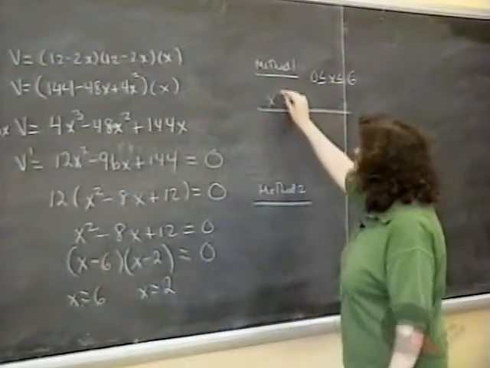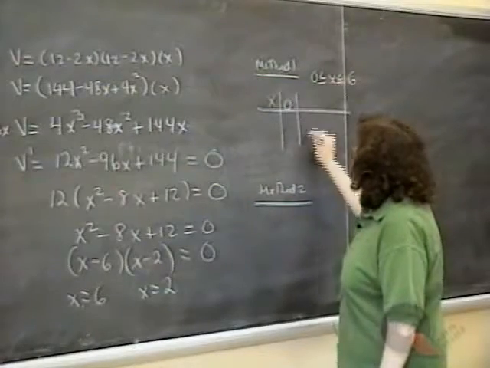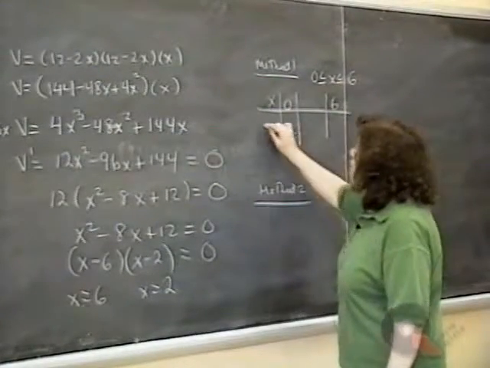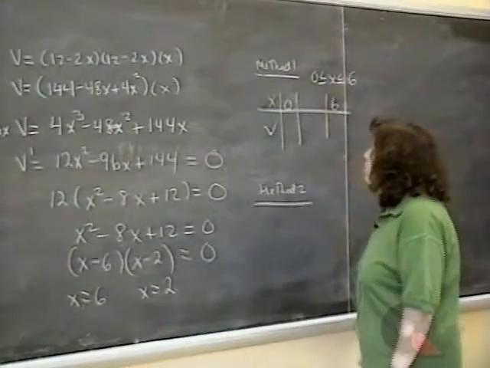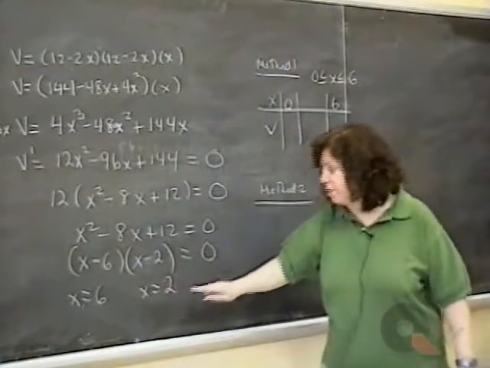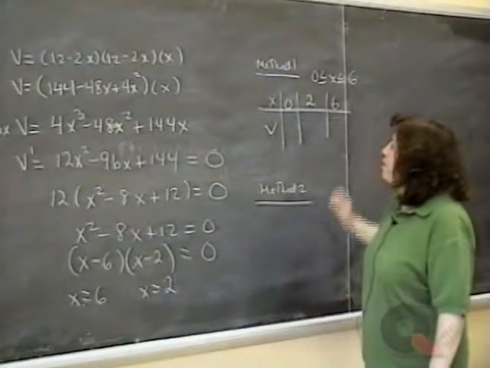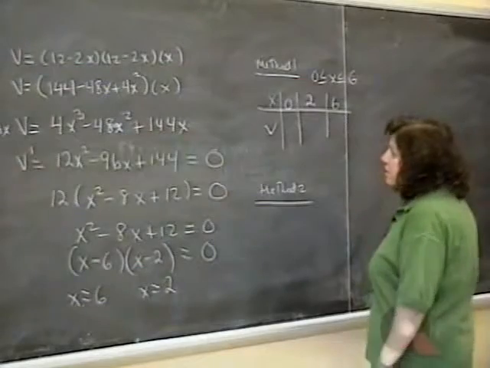And the interval runs from 0 to 6. And we make ourselves a little chart, and any critical numbers that fall in between, for example, 2, get included. And we figure out the volume in each of these instances.